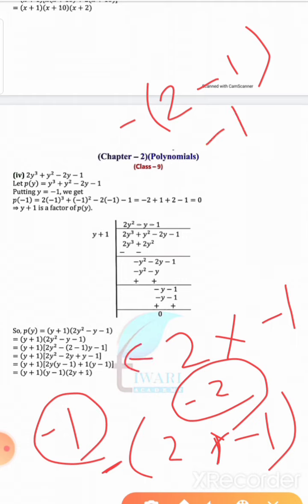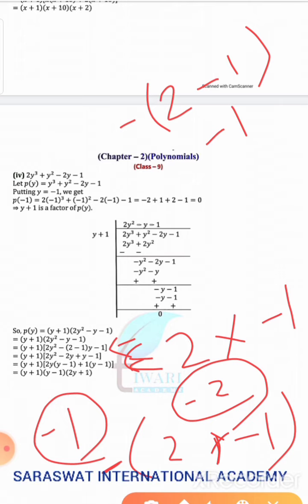Substituting this step we get 2y² − (2 − 1)y − 1. Multiplying the bracket and making pairs and taking common terms, we get 2y(y − 1) + 1(y − 1), and taking y − 1 common, we get the quadratic polynomial factors as (2y + 1) and (y − 1).